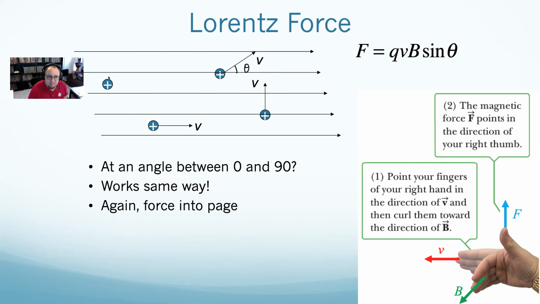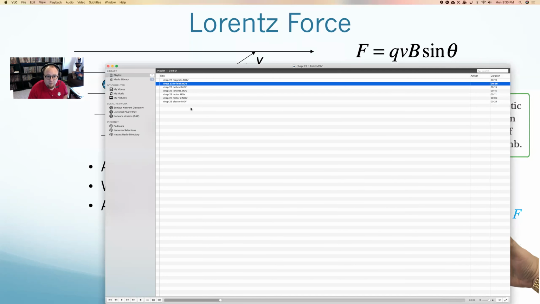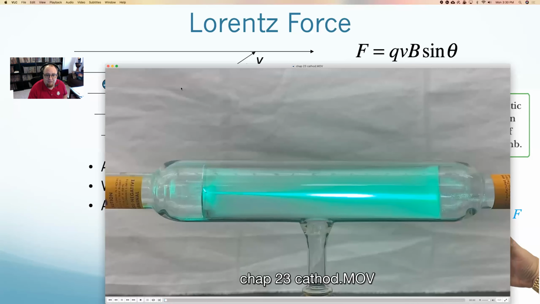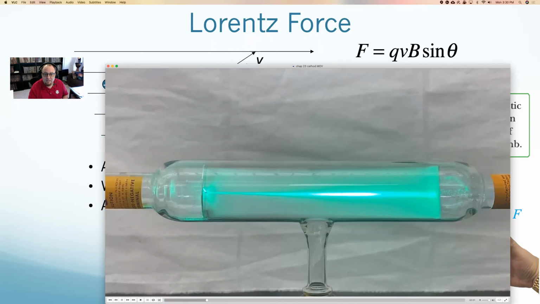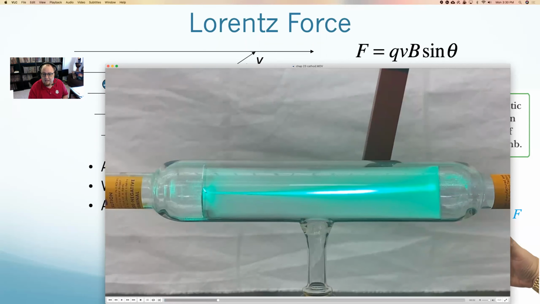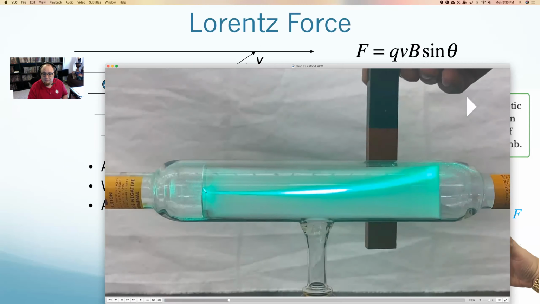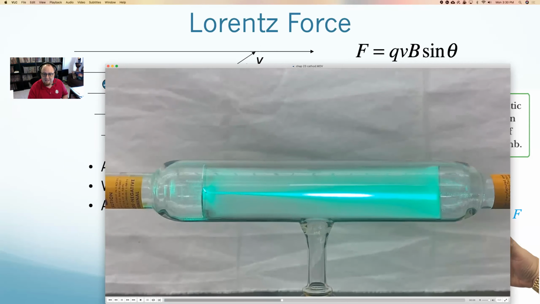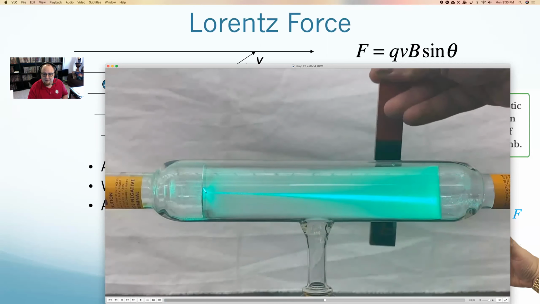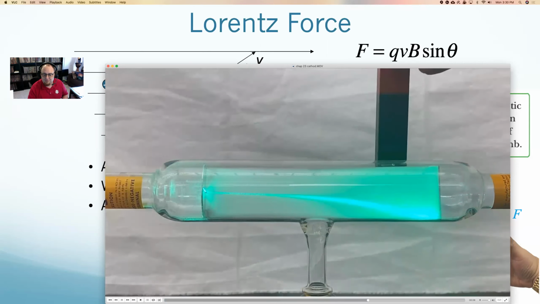So to show you this, what I have here is a cathode ray. A cathode ray is really a bunch of electrons moving in a line through something that makes them glow. This green line is literally just electrons moving rapidly to the side, and right now they're moving to the right. When I bring a magnet near the end, they curl up and down, depending if it's north or south.